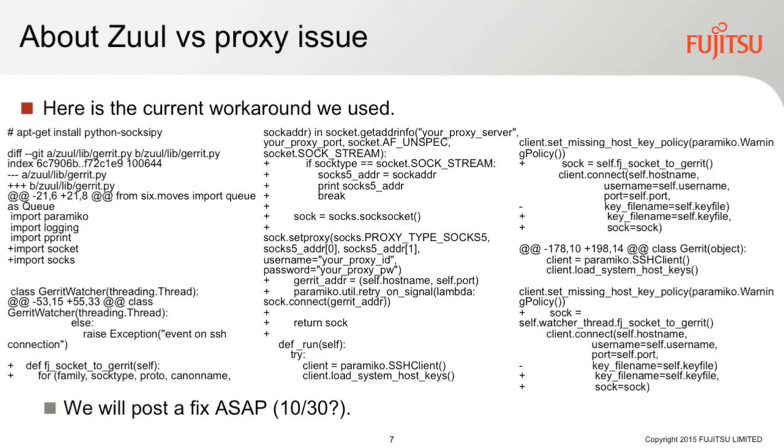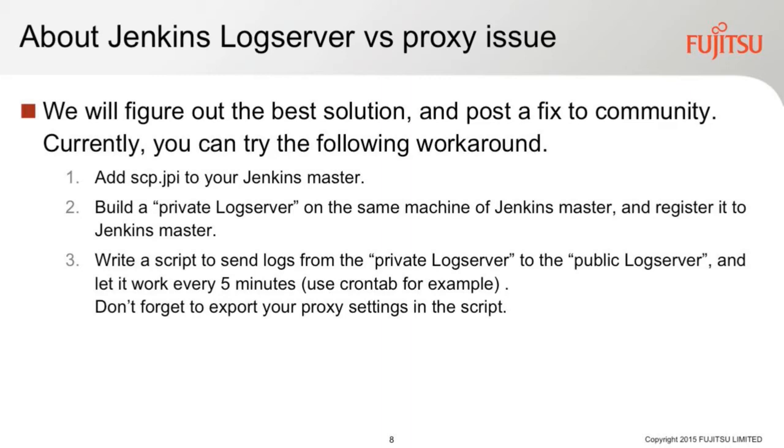About the log server, we will continue to look into it to find the best solution. But different from Zuul, it's using a Jenkins plugin, and we just do not have enough experience with that.